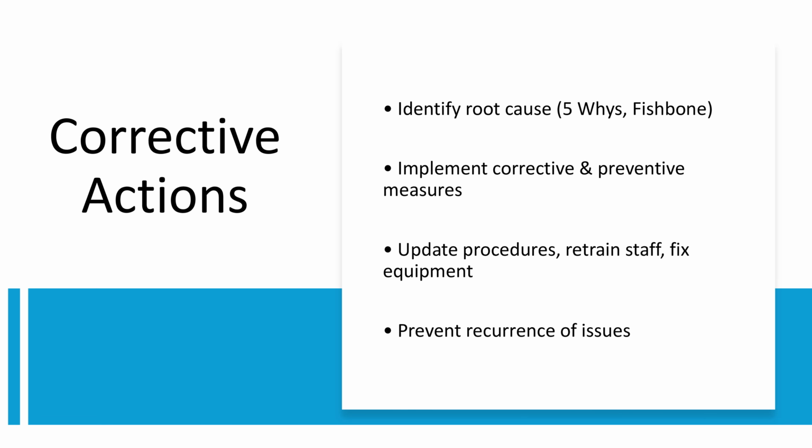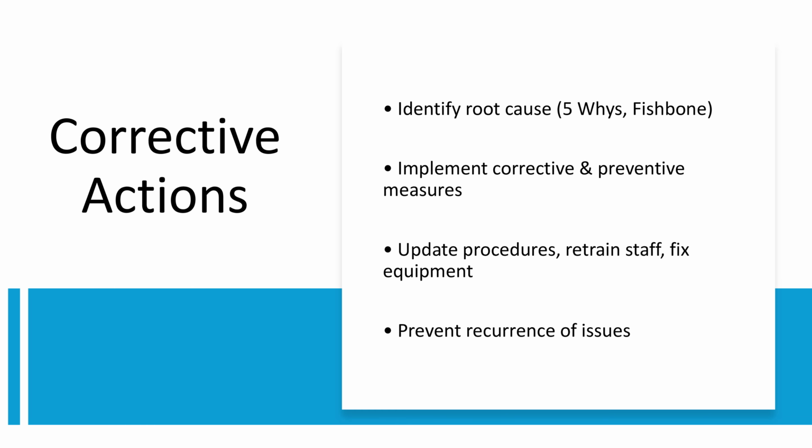For example, if defective products keep appearing, the root cause might not be operator negligence, but a faulty sensor, outdated SOP, or unclear instruction. Once the issue and the cause is identified, I develop and implement an action plan.